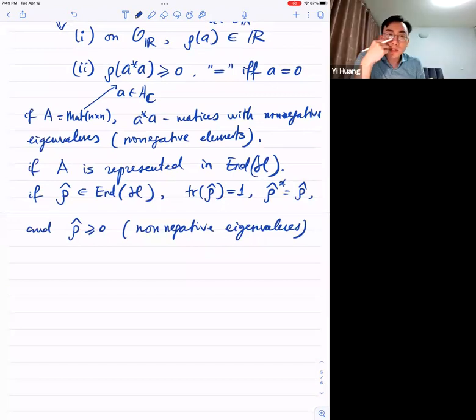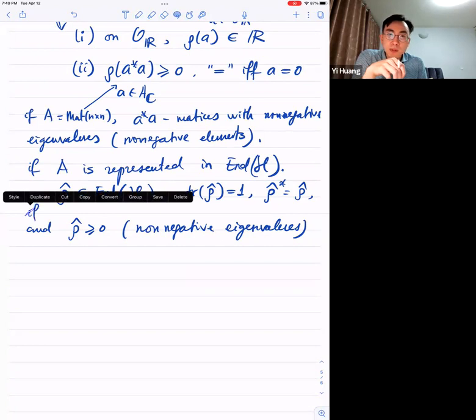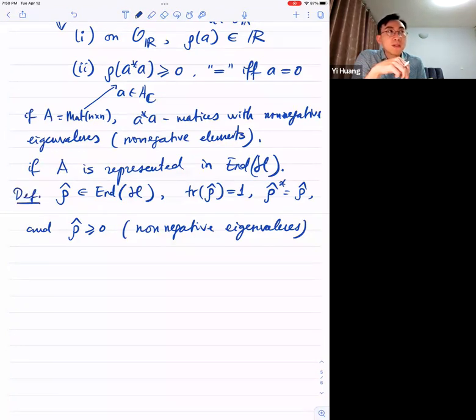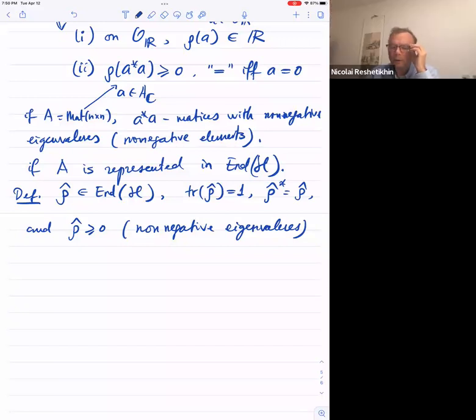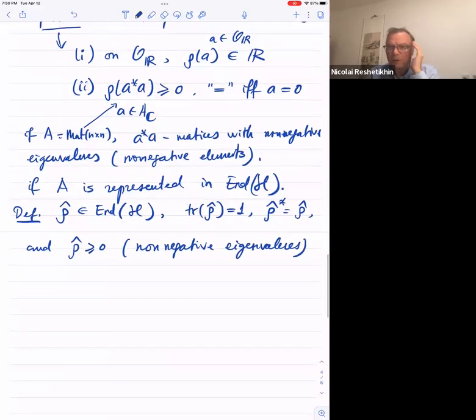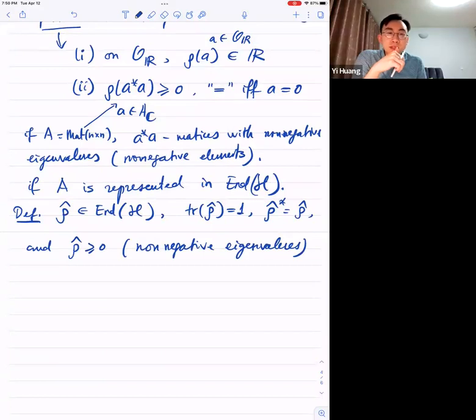Wait, sorry. Just to check if I've understood. For the finite dimensional example before, a general rho is something like square root of trace. Is that correct? Well, maybe not necessarily trace. What do you mean? Can you say it again? I mean, is an example of rho square root of trace?